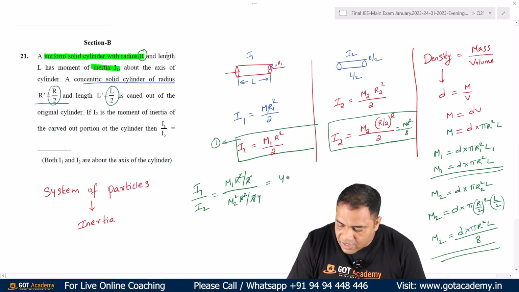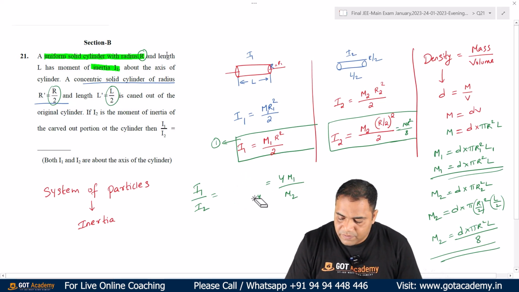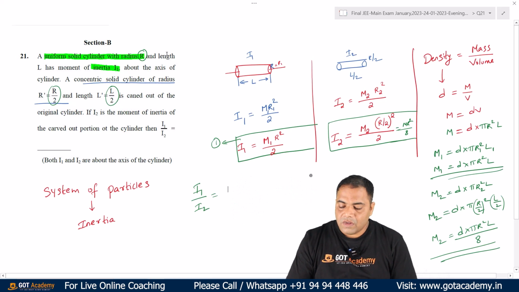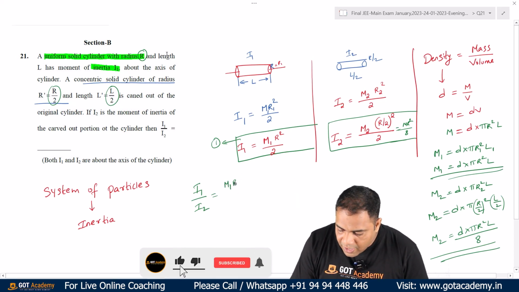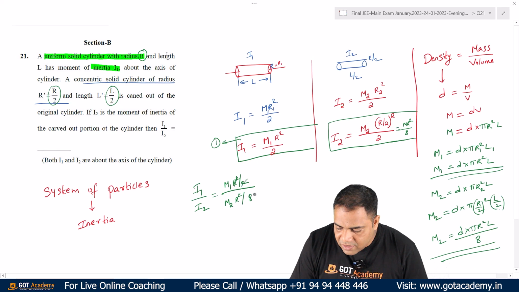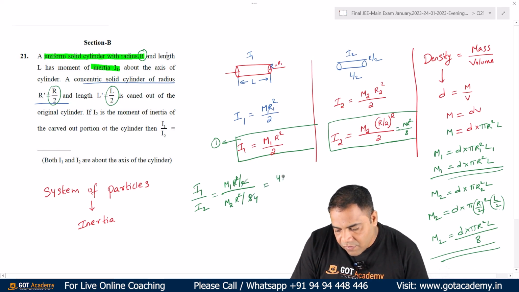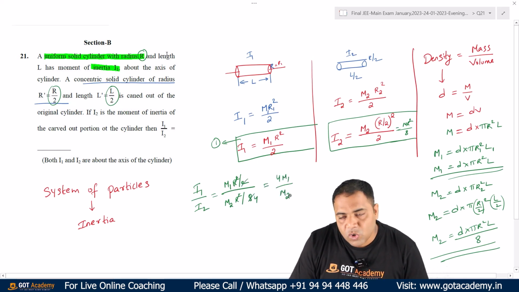So what you get here is 4 m1 by m2. Once again I am writing. So I1 is m1 r square by 2 divided by m2 r square by 8. So these both are cancelled. So what you get here is 4 m1 by m2.